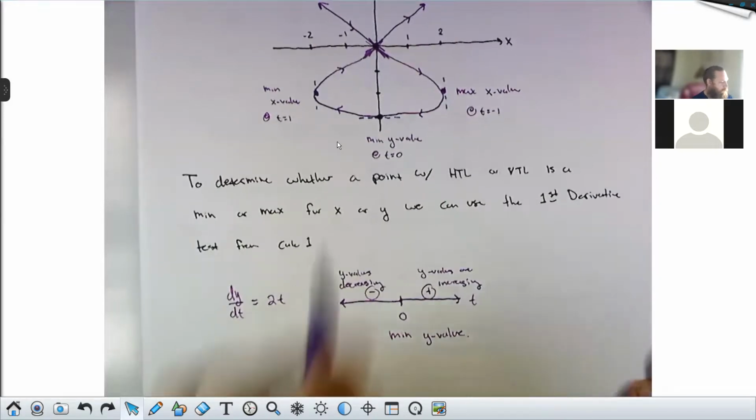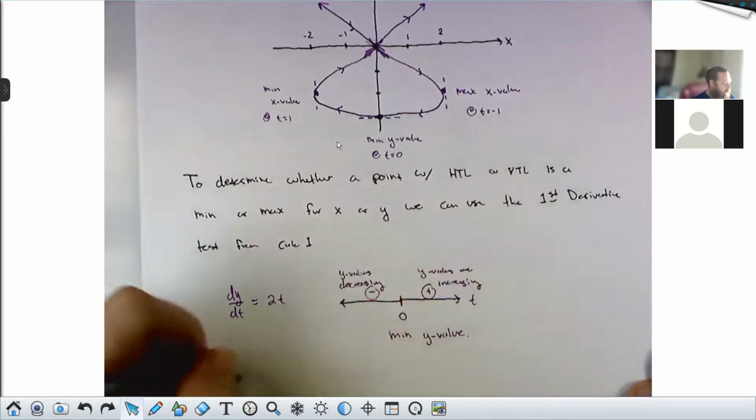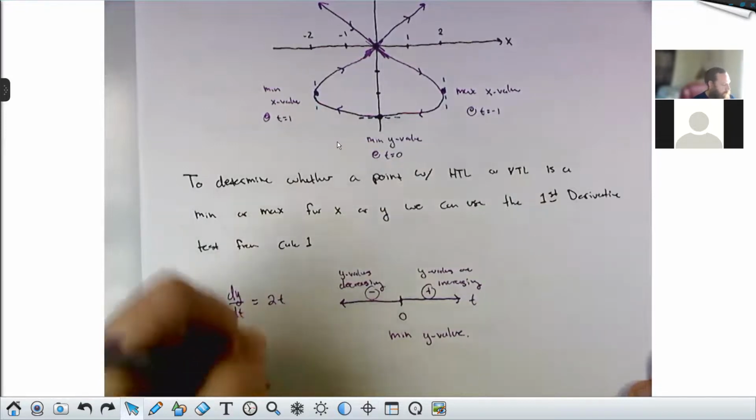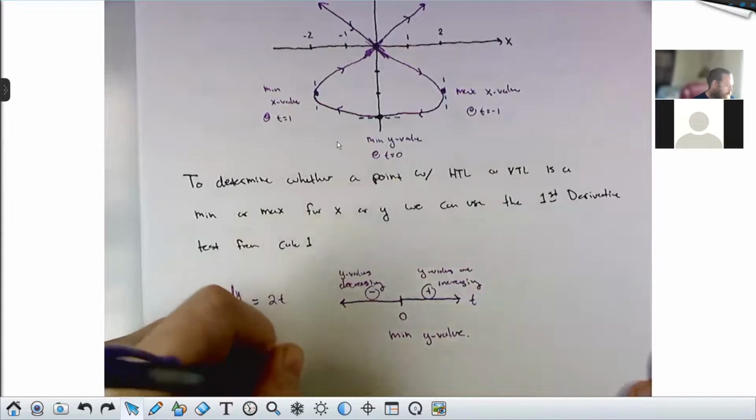I can do the same thing with dx/dt over here. dx/dt, remember, was 3t squared minus 3.